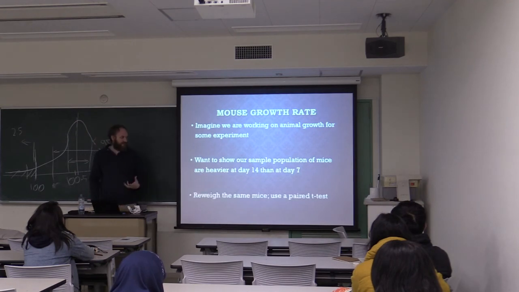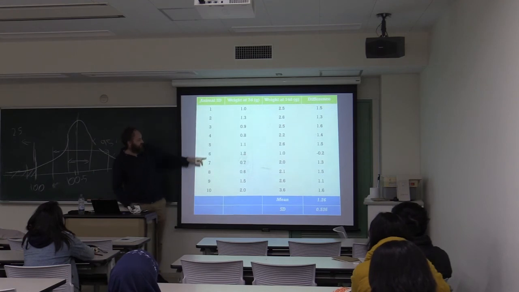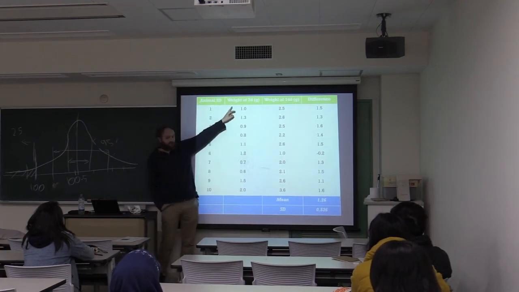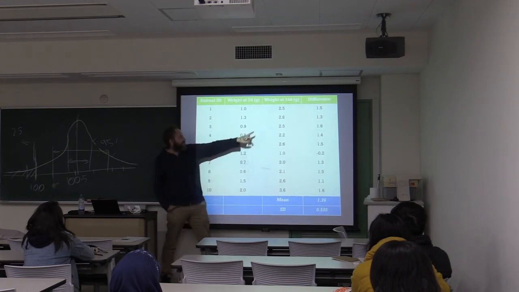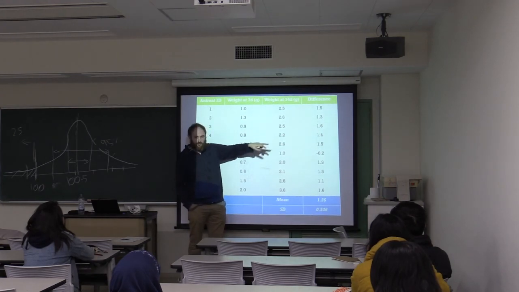Now, we're going to re-weigh the same mice. So we want to use a paired t-test. So here's our data, okay? Here's our animal number, 1, 2, 3, 4, 5, 6, 7, 8, 9, 10. Here's our weight at day 7, in grams, 1.0, 1.3, 0.9, 0.8, 1.1. Here's our weight at day 14, 2.5, 2.6, 2.5, 2.2.